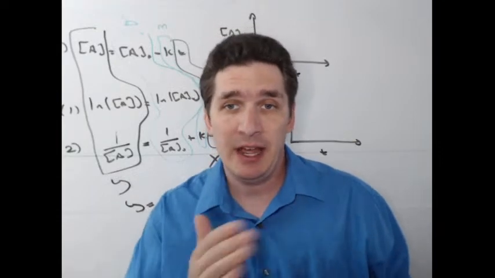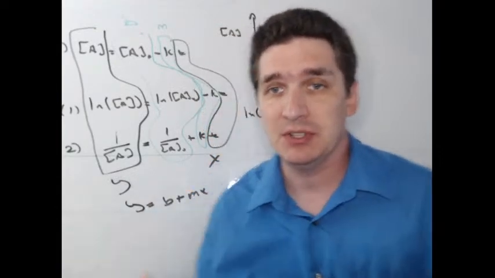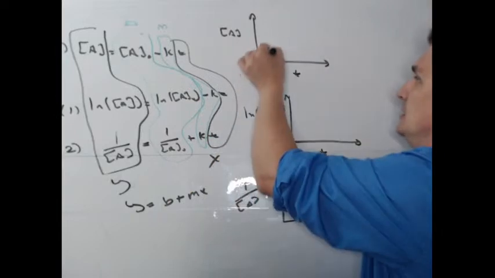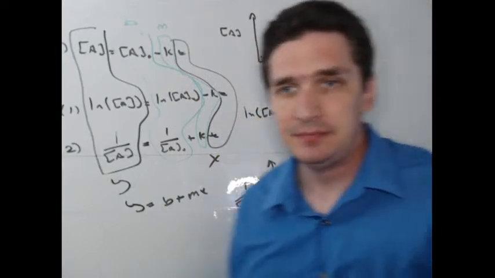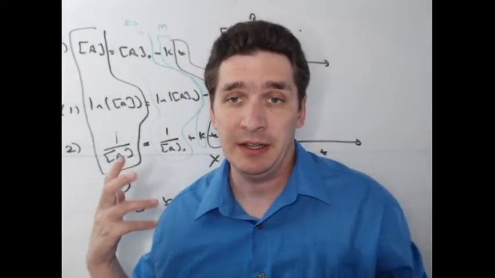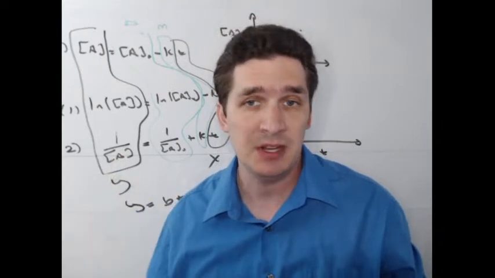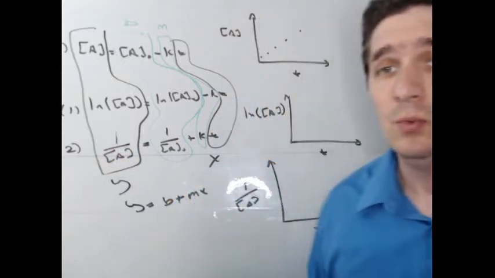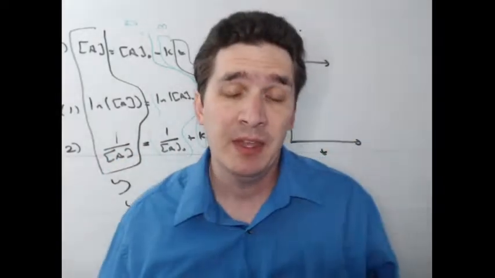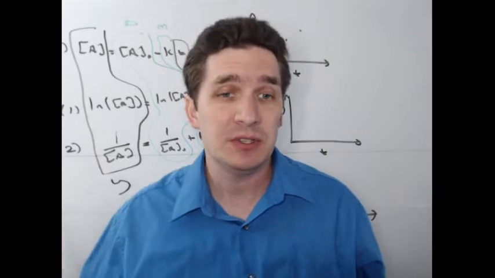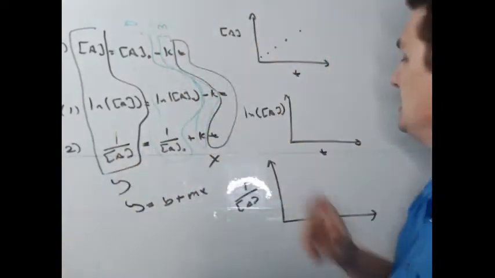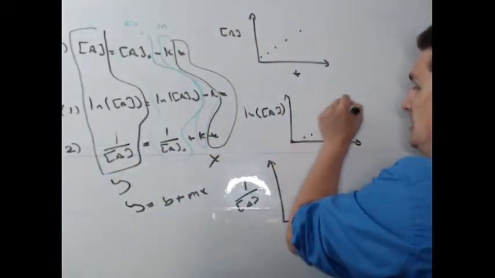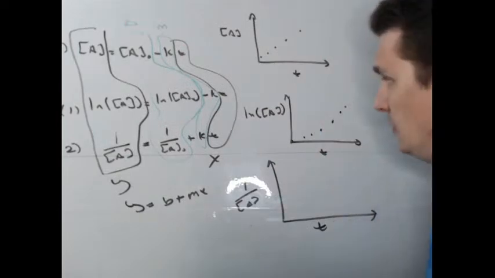So if we have a reaction and we just measure concentration versus time and we get a straight line and we fit it and it gets really good, the errors are non-random, it looks like a straight line, it's got a really high R² value, we know that it's a zero order reaction. The reason we know it's a zero order reaction is that if we take the same data, we take the natural log of the concentration versus time, we wouldn't get a straight line.